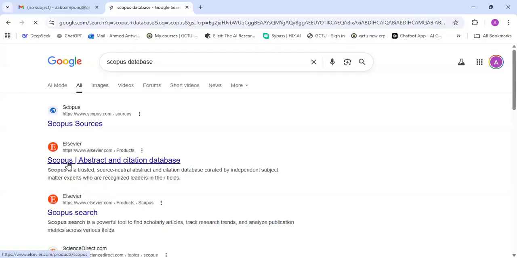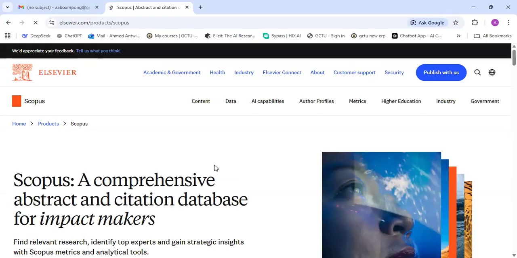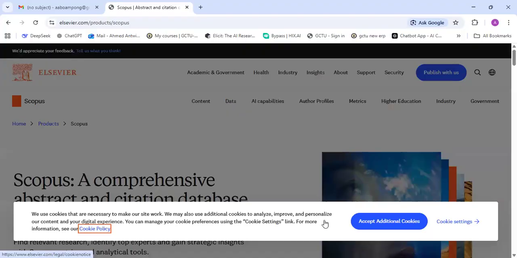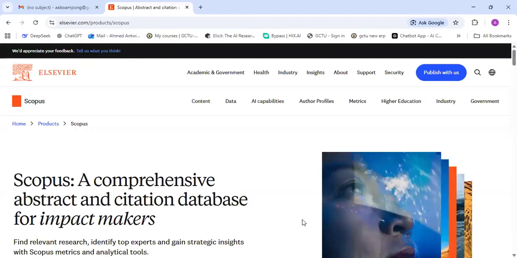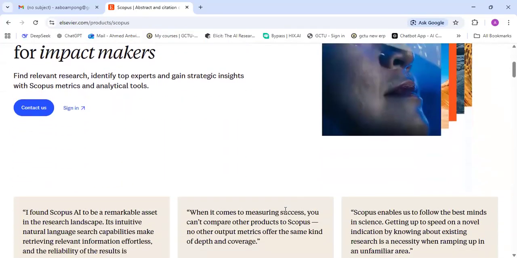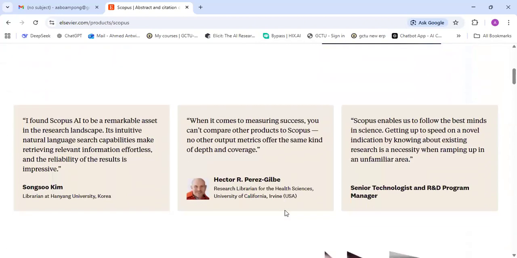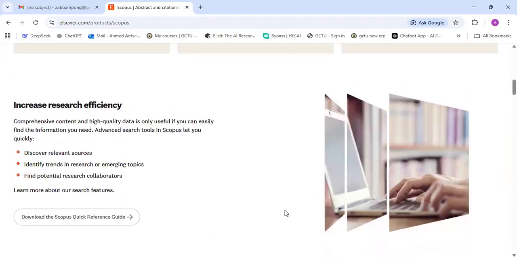It's a comprehensive abstract and citation database for impact makers. All papers by any author who publishes in any good peer-reviewed journal will have their papers picked up by Scopus.